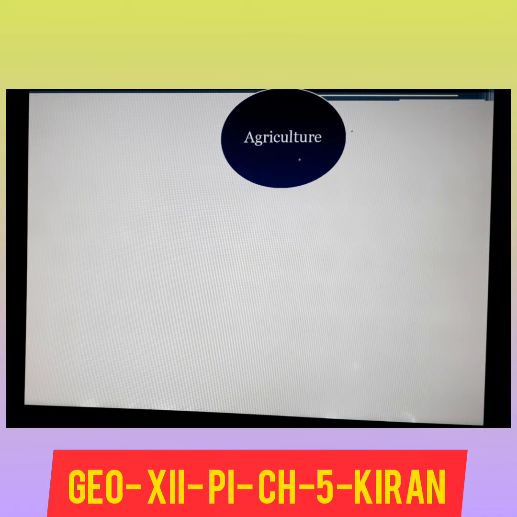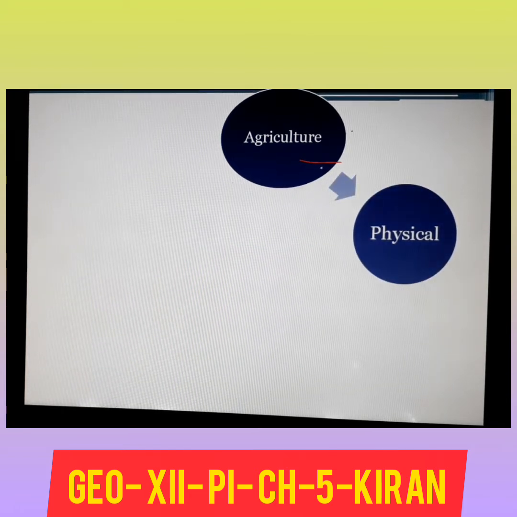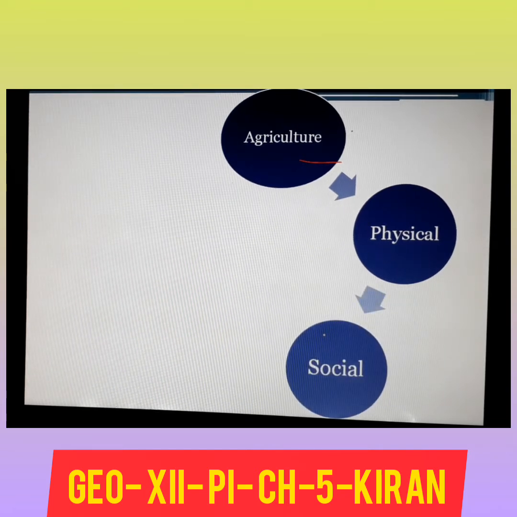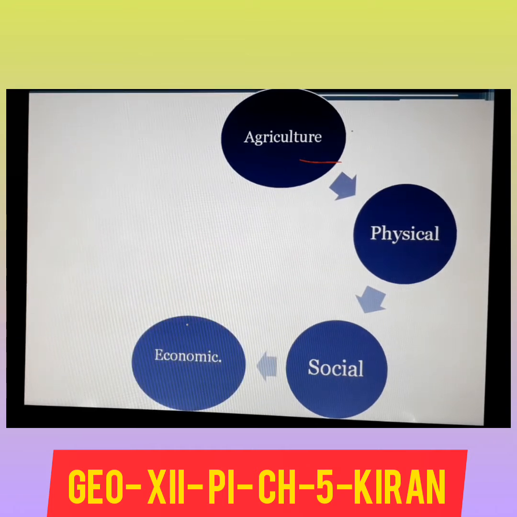More than 50% of the employment or workforce in many countries of the world depend directly or indirectly on agriculture. Agriculture is influenced by physical factors like the climate and soils, social factors like the type of society and the food habits, economic factors like the demand and also the other sectors of the economy, and infrastructure facilities available for agriculture.